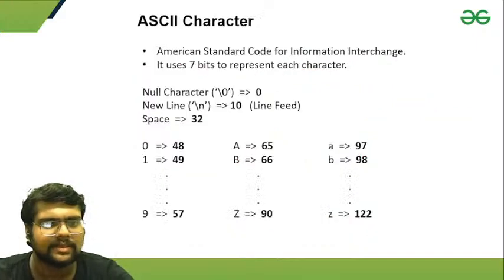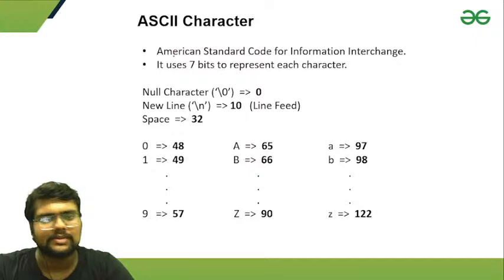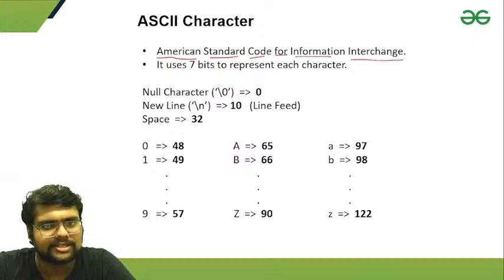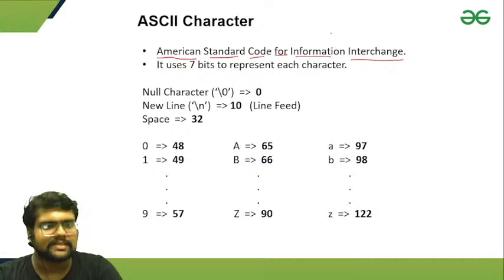Now let's see what are ASCII characters. So for ASCII characters, there is a standard. It is called American Standard Code for Information Interchange. So this is a very standard code, and almost in all areas this ASCII standard is followed.